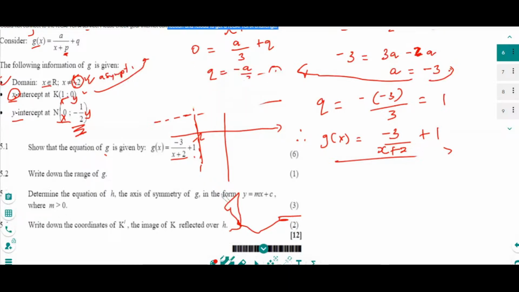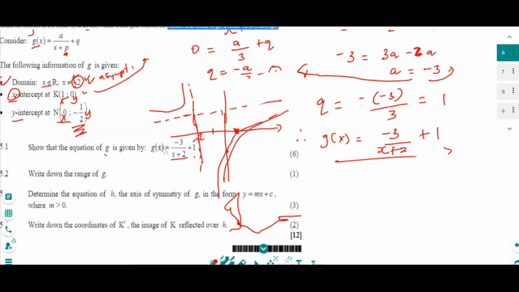So we're saying the y-intercept, x is 1 and 0. 1 and 0 is somewhere here, and the y is 0 and negative a half, which is somewhere here. So we have this kind of graph.